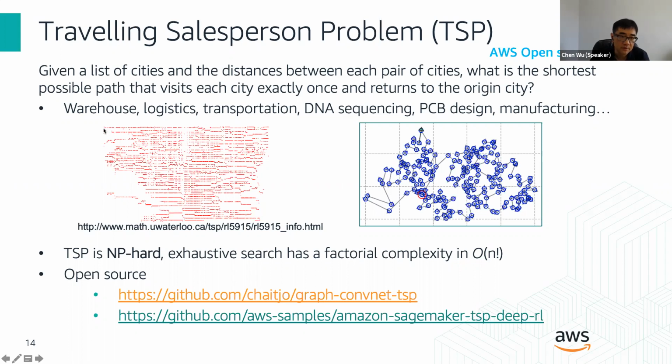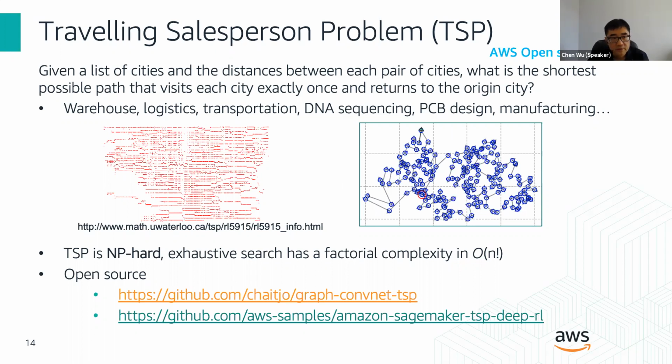Essentially, it's a TSP problem. You have to drill thousands of boards, and each one of them has thousands of holes like this. So it's really important you get the most efficient way to draw the circuit board. And on the right hand side, you can see the solution that we did for one of our customers to help them optimize their routes.